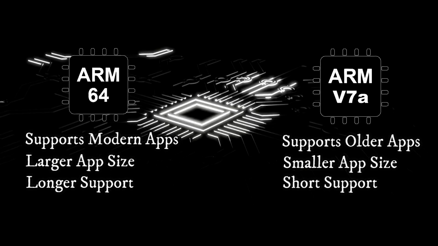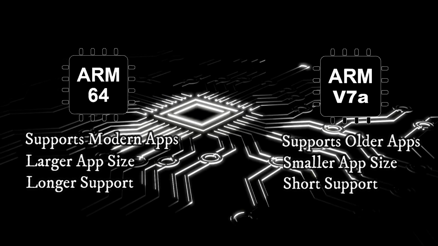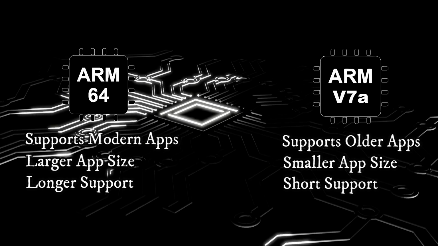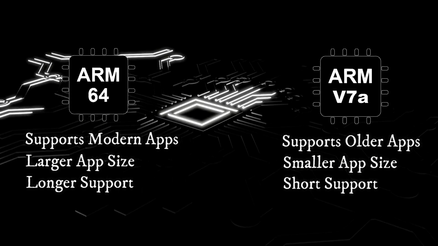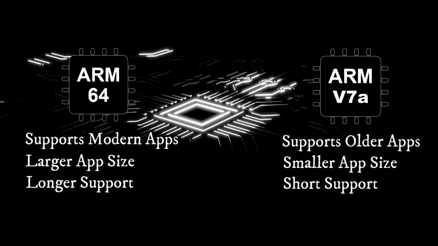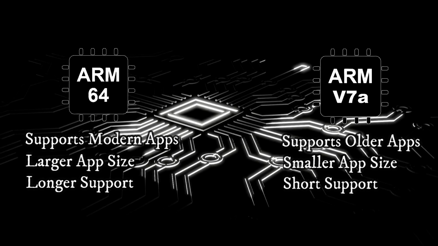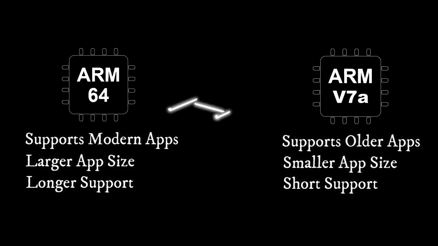So this simply means that as time goes on, Armv7a is going to get less support and Arm64 is going to get more support. So you will want to switch to a device with Arm64, but the differences are really large. They use different instruction sets.